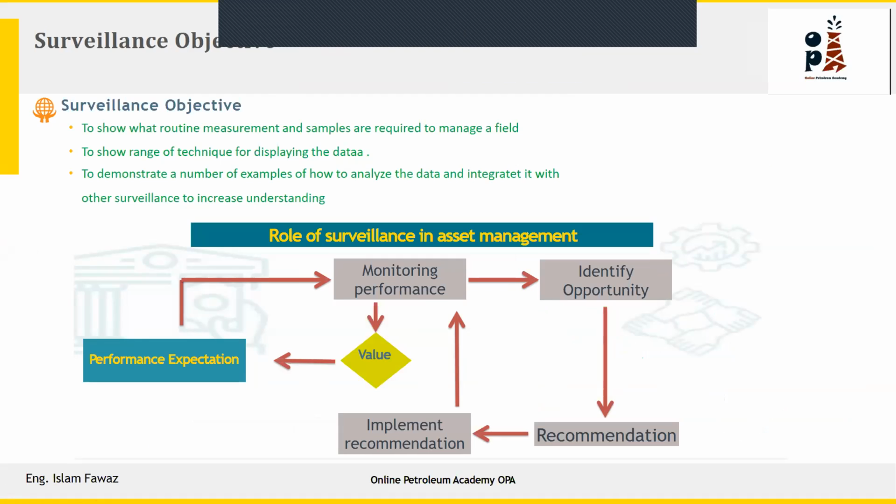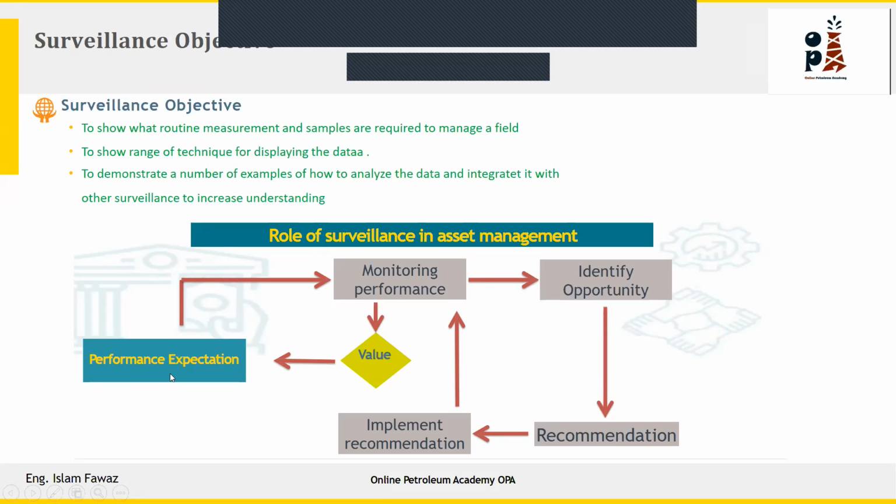The surveillance objectives show the routine data, measurements, and samples that are required to manage the field, show the range of techniques for displaying your data, and demonstrate a number of examples of how to analyze the data and integrate it with other surveillance to increase our understanding of your reservoir. So this schematic shows the role of surveillance in asset management, and we start from here.